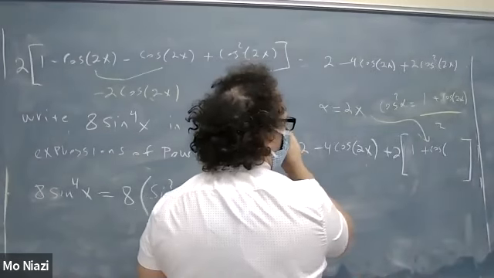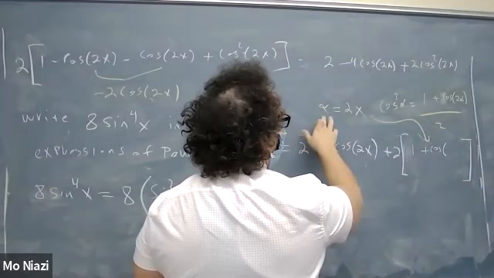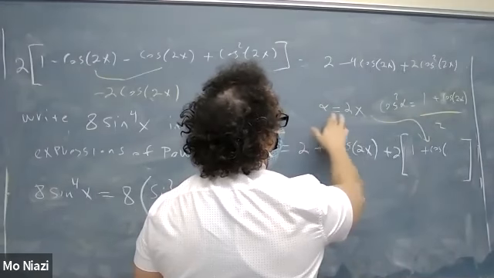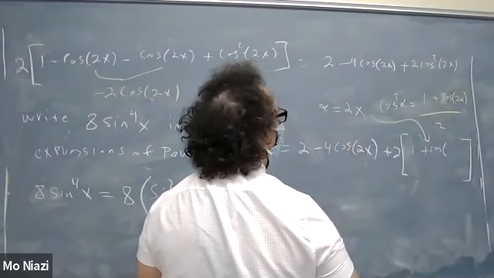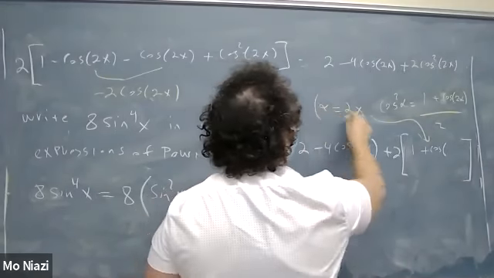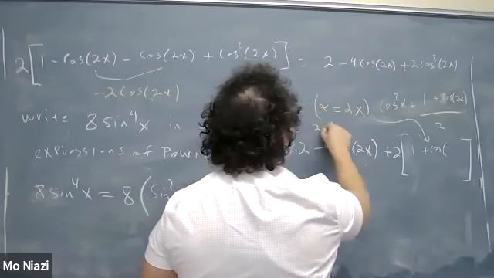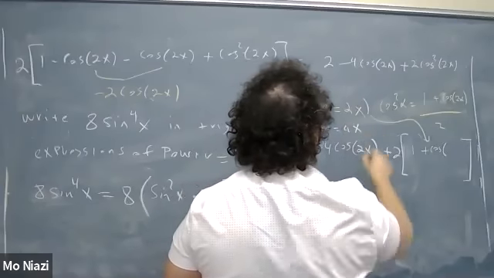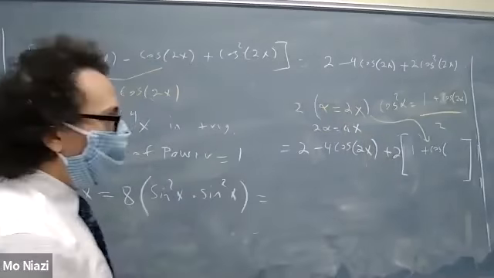But notice 2 times alpha, if alpha is equal to 2x, then 2 times alpha is equal to 4x.